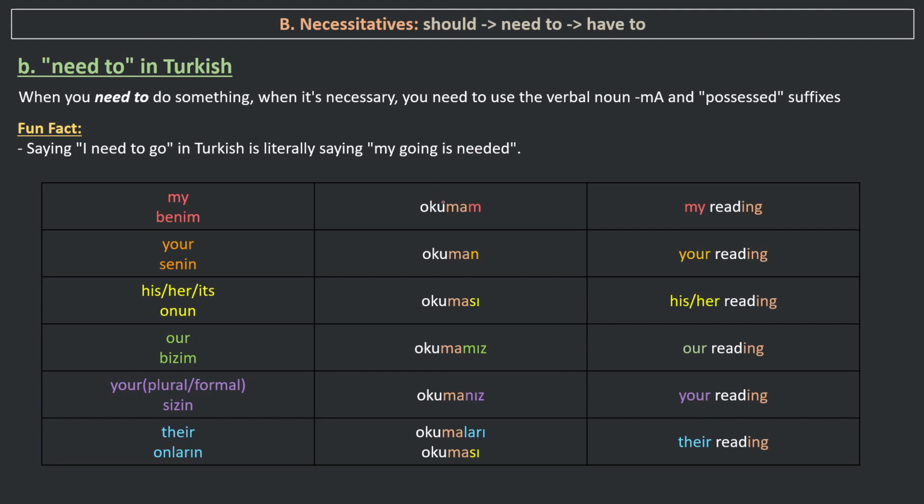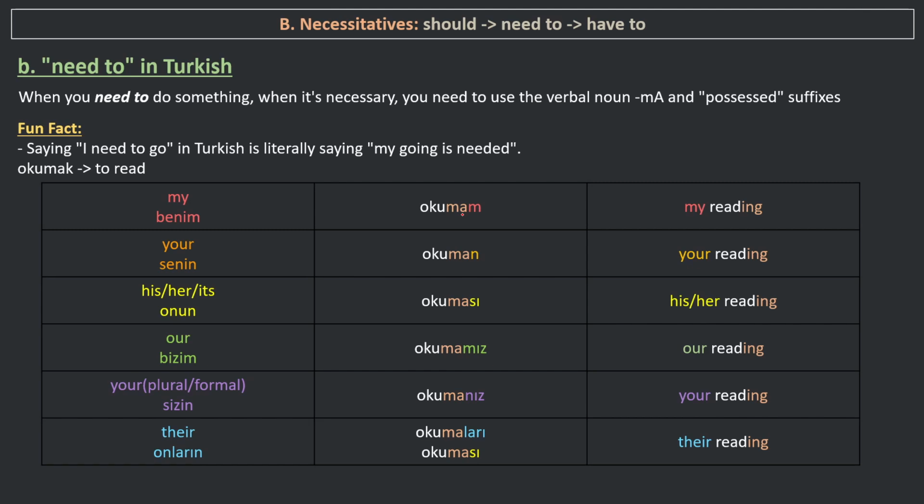And we are using okumak, oku. It's to read. I want to write this down. Okumak, to read. That's the example verb. And first, we are using ma or me, the verbal noun suffix. Oku, ma.